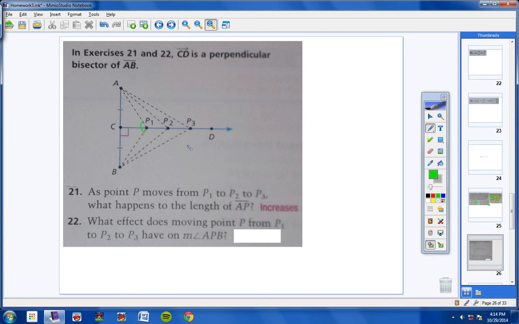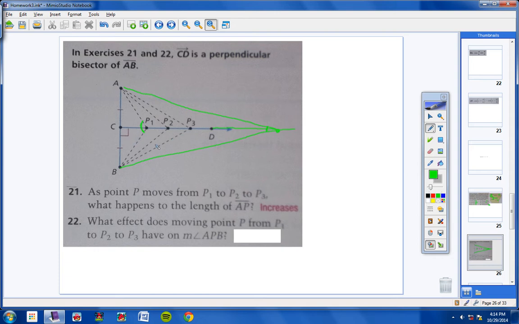Now, students, think about it. Let's use an extreme to prove a point, okay? Let's pretend that P moved all the way up to here, okay? Look how little this angle's become here compared to how big it is up here. Do you see that?